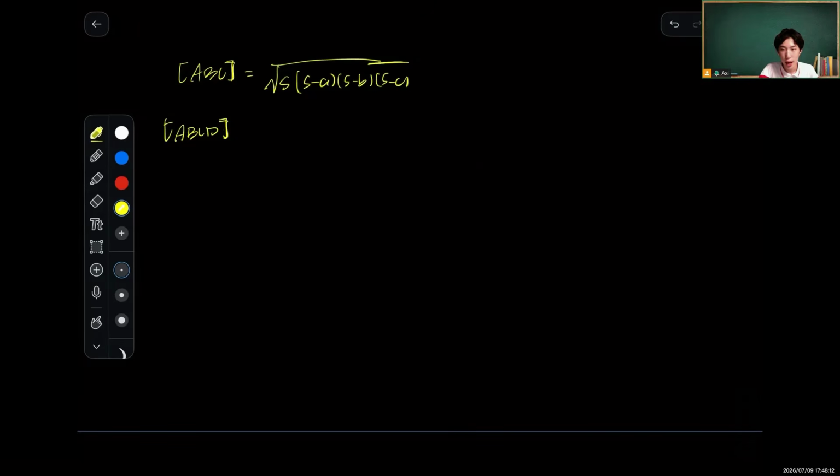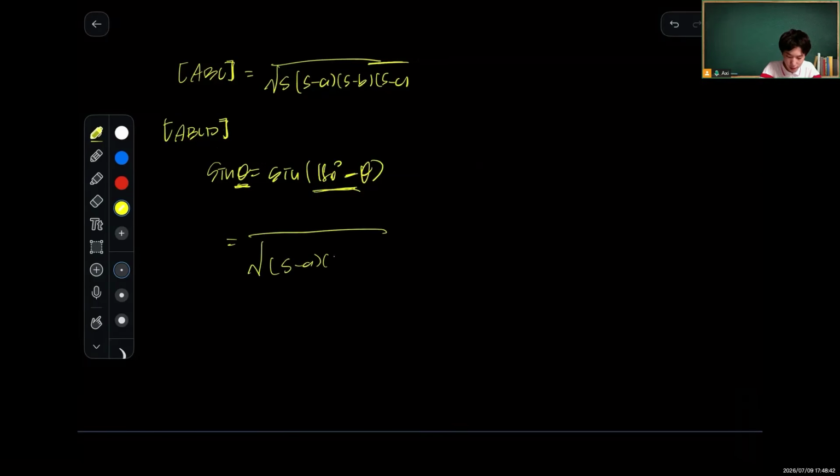No angles are allowed. Try it yourself. And a hint, sine theta is equal to sine of 180 degrees minus theta. And this is exactly the reason why cyclic quadrilaterals are special, because they have this pair of angles that adds up to 180 degrees. So try to derive it yourself. The answer is, in fact, very similar.